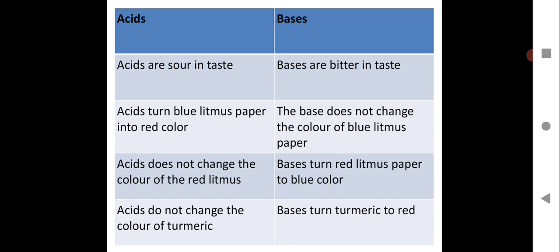Acids turn blue litmus paper red, whereas bases do not change the color of blue litmus paper. Acids do not change the color of red litmus, whereas bases turn red litmus paper blue. Next point, acids do not change the color of turmeric, whereas bases turn turmeric red. I hope the differences between acids and bases are very clear to you all.